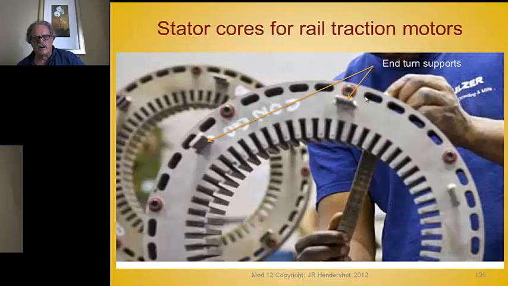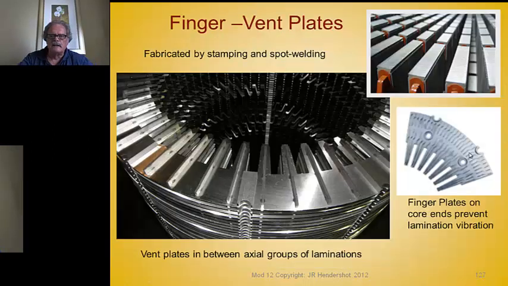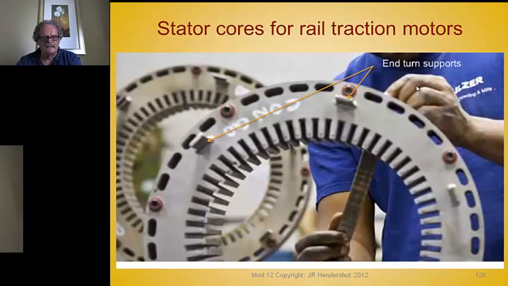This is a big core for maybe a wind turbine, maybe some big generator, not sure what it's for, but these are welded bars that stick out from this finger plate that are used to lace the end turns to for support. And here's that other picture that shows the finger plates, a different version of the same idea.